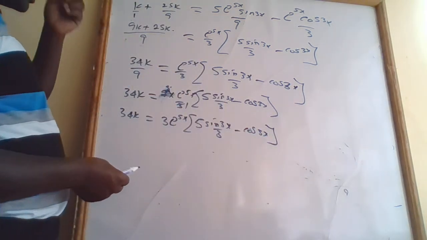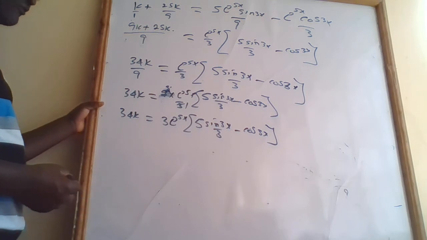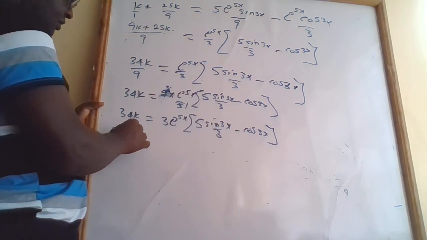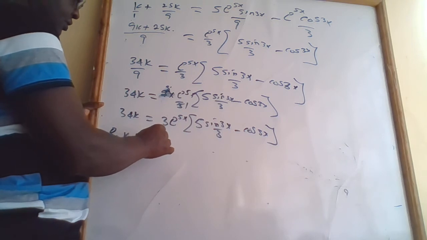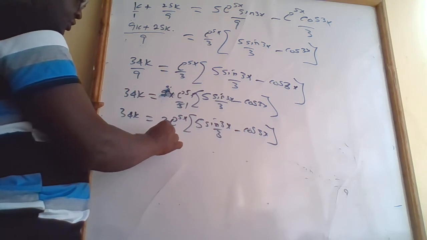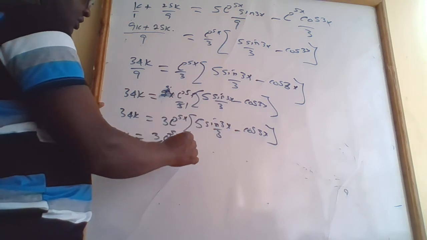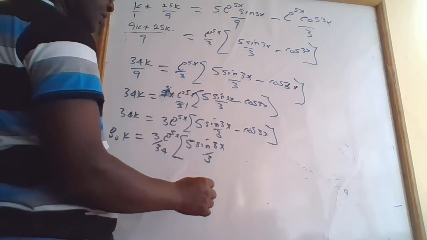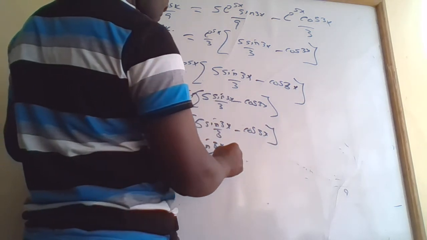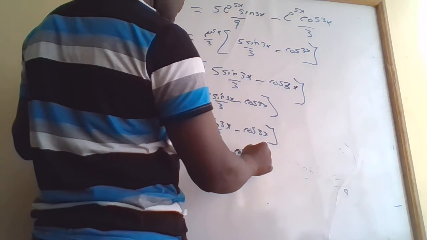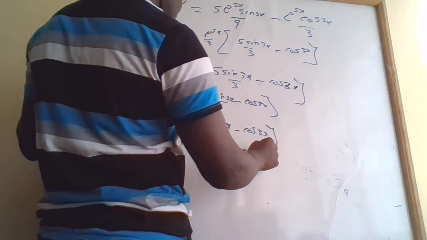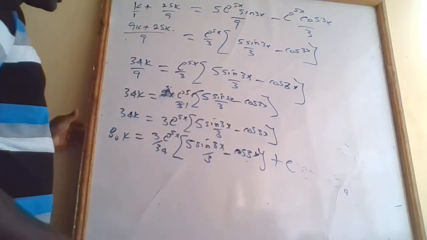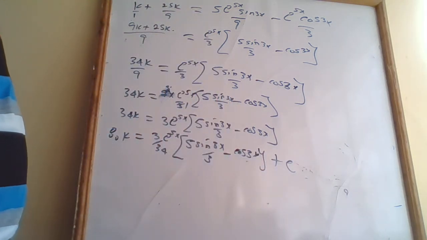But if you want to remain with k alone, then we divide through by that 34. Therefore, k equals 3 over 34 e^(5x) into 5 sine 3x over 3 minus cos 3x, plus a constant of the equation.